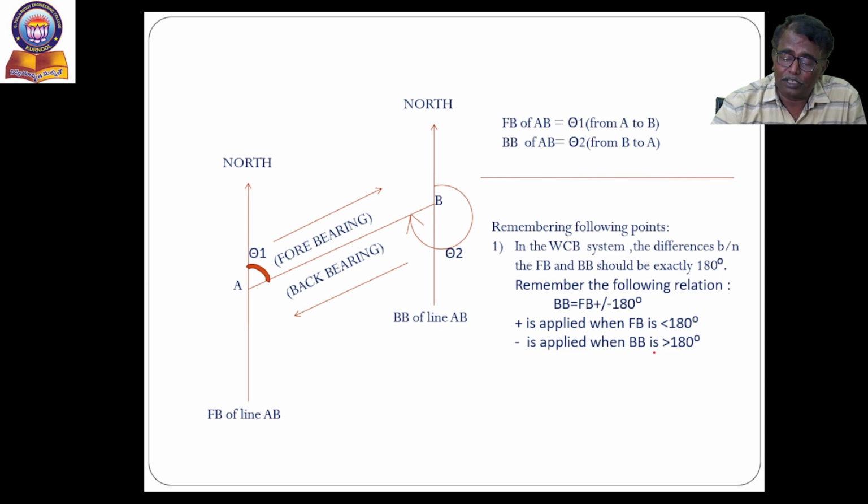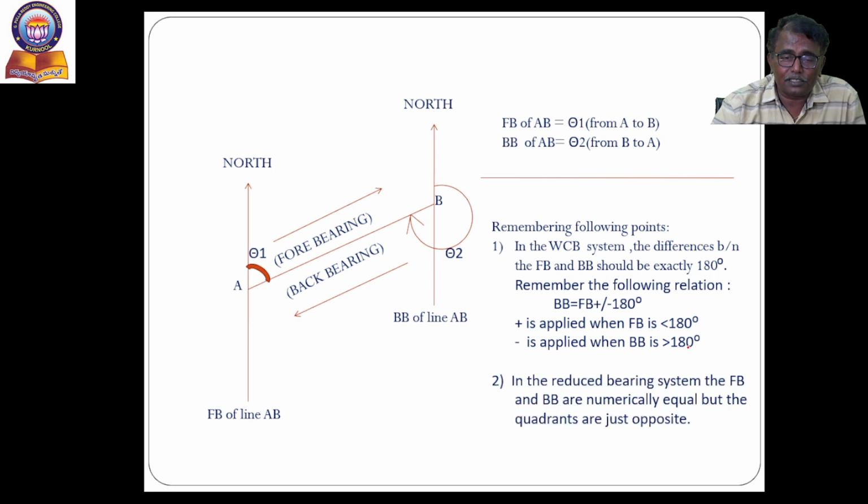The minus sign is applied when the fore bearing is greater than 180 degrees. The second point to remember is that in the reduced bearing system, the fore and back bearings are numerically equal, but the quadrants are just opposite. That means northeast is opposite to southwest, and southeast is opposite to northwest.